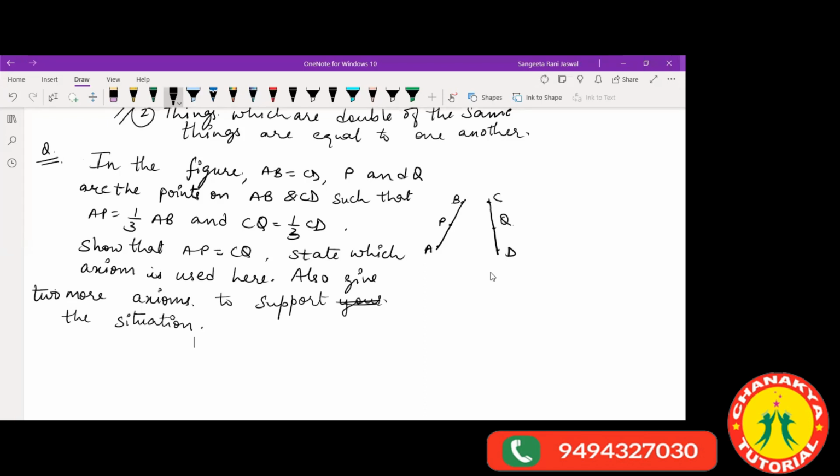Show that AP is equal to CQ. You have to show that this part of the line is equal to this part of the line. Now state which axiom follows and give two more axioms. Just think of it. What will you do?